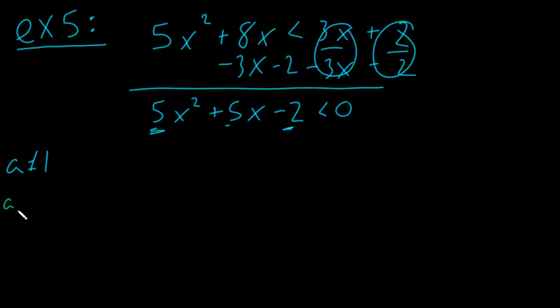So what are we going to say? Well, we're going to label our a term, our b term, and our c term. And we know that our a term is 5, our b term is 5, and our c term is negative 2. And here, we're going to go ahead and use the quadratic formula.